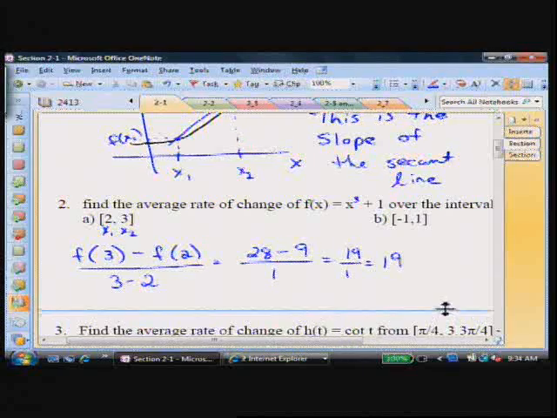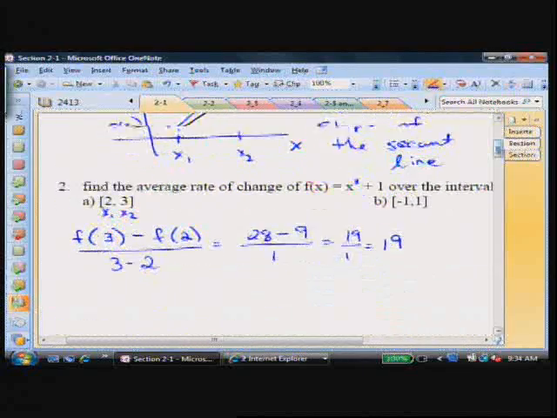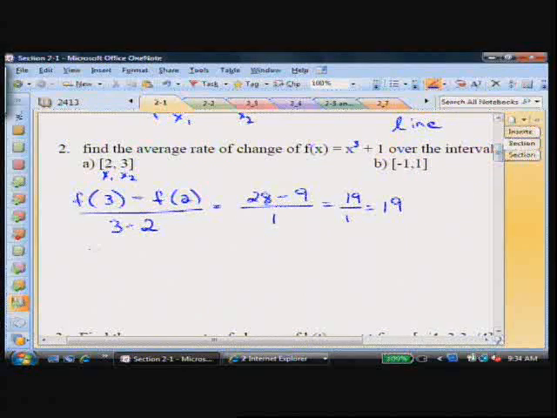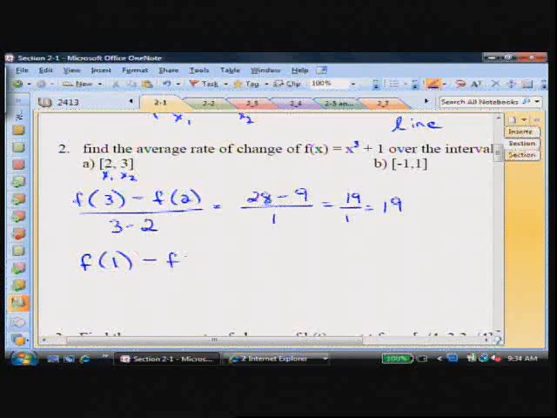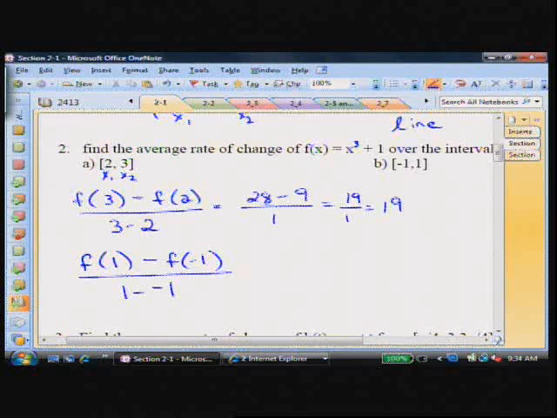Okay, and then if we want to do the second one, we would do f of 1 minus f of negative 1 over 1 minus negative 1. Who wants to tell me what f of 1 is? 2, right?